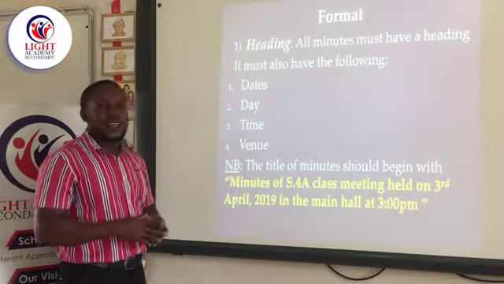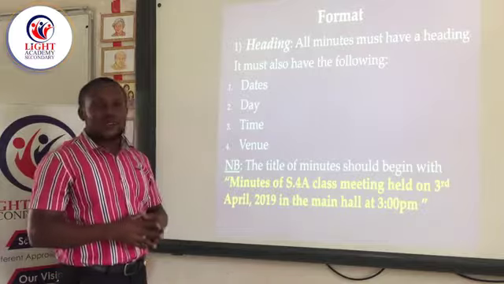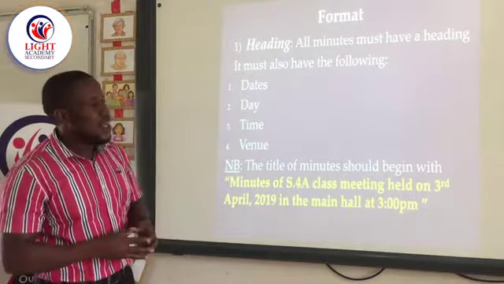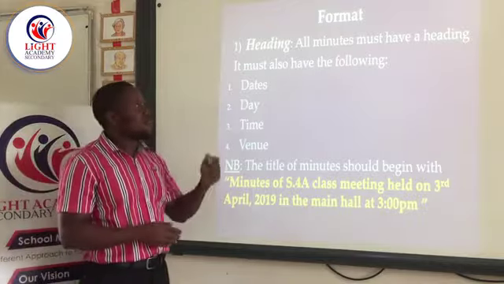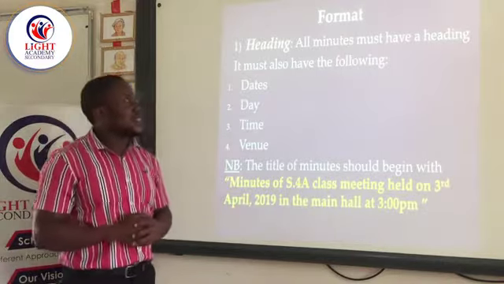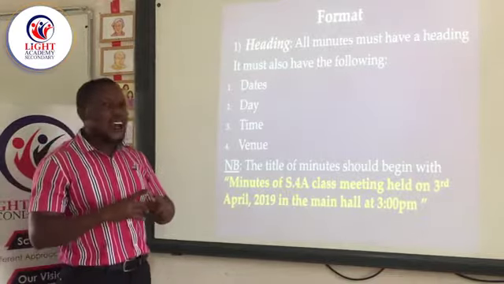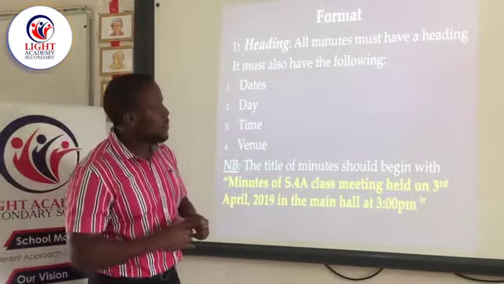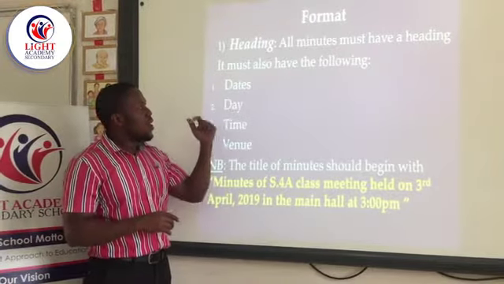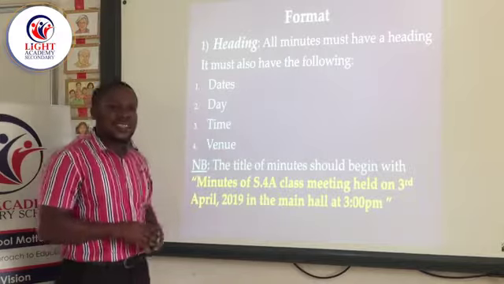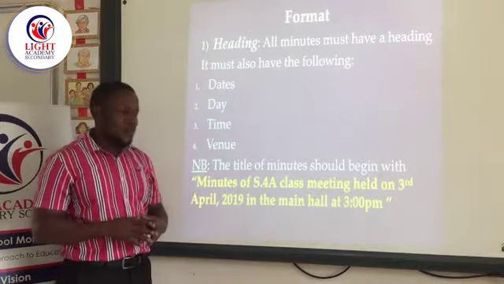So let's look at the format of writing minutes of a meeting. First things first, you must begin by writing the heading. And we are saying that our heading must capture the aspect of minutes. It must also capture the date, as you can see on the slide, the day, the time and venue.